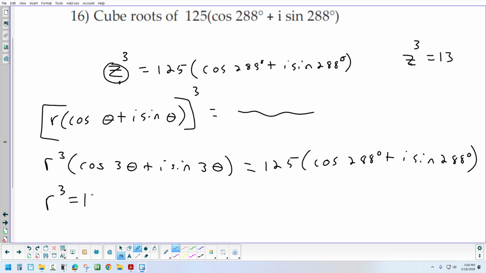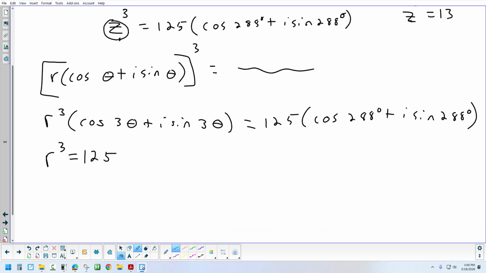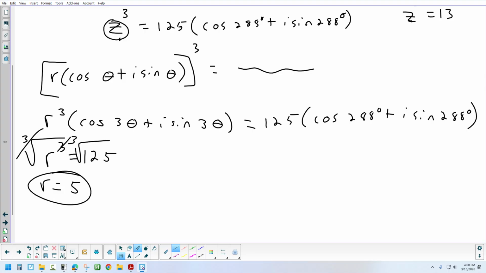So we need to set the radius on the left equal to the radius on the right and solve it, and that's going to be our radius. How do we get r by itself there? And what is the cube root of 125? 5.